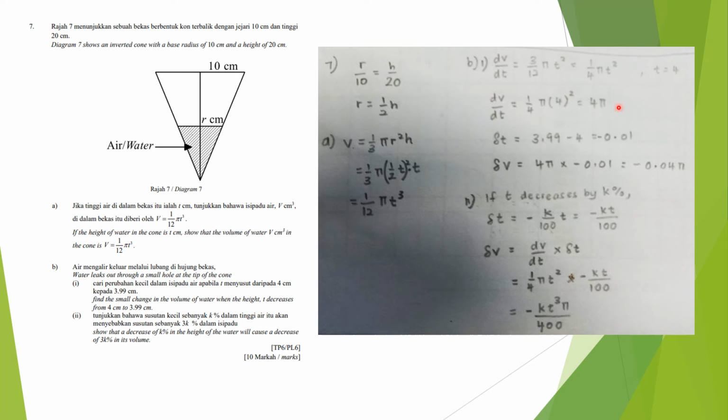Substituting with 4 was for question B1, because they asked for 4. Now it's a different question. You cannot substitute with 4. You cannot take dv over dt as 4 pi. You have to take 1 over 4 pi t square. So when you multiply these two and simplify, you get negative kt cube pi over 400.